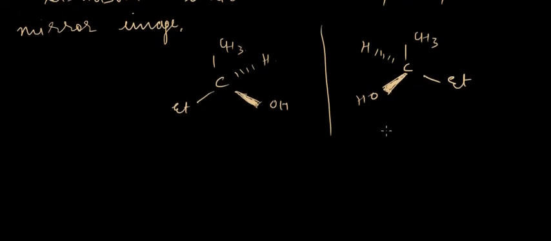Now if you try to superimpose both the two compounds, you would not be able to do it, right? Because when you superimpose them, one would have hydrogen here, and on the same carbon hydrogen would be here. Similarly, if you try to superimpose OH, then OH for this carbon atom would be here, and OH for this carbon atom would be here.